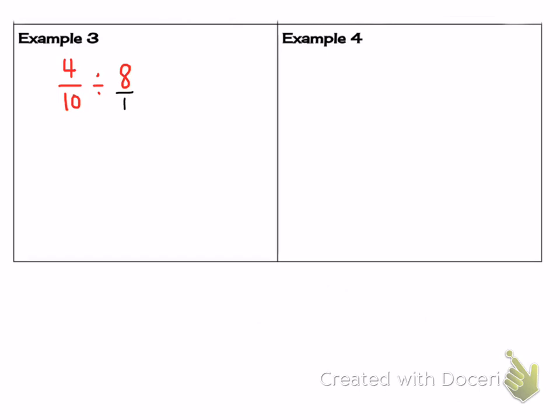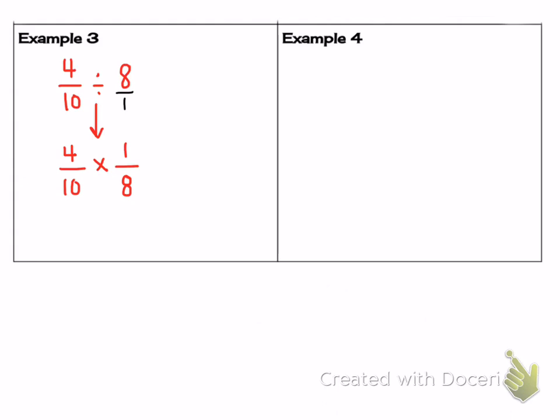Some people would be tempted to simplify the 10 and the 8 right here. Remember, you cannot simplify when you're in division. So we have to change the problem first before we do that. So 4/10 will stay 4/10. Division becomes multiplication, and 8/1 becomes 1/8.